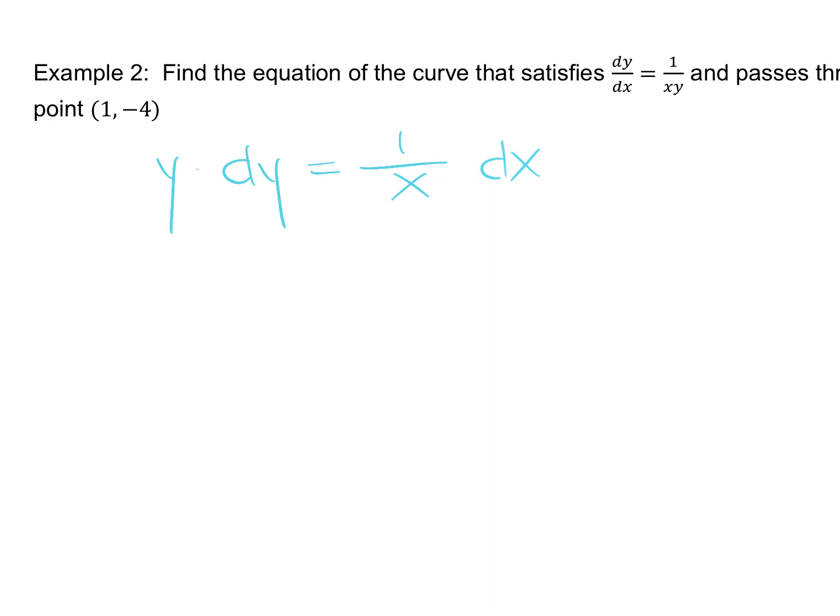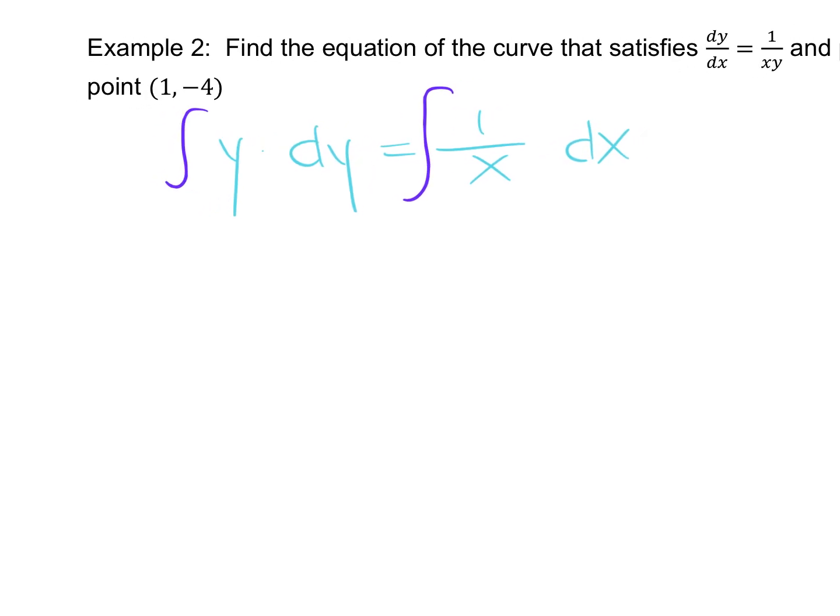Then we integrate each side with respect to its variable. So if I integrate just y, what are we going to get? 1/2 y squared equals the integral of 1 over x, which is what? ln of absolute value of x, and this is the side we'll put our plus c on. So then just like every other question, we need to solve this for y.